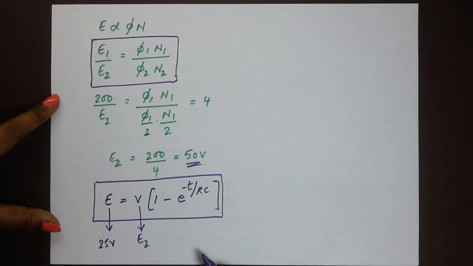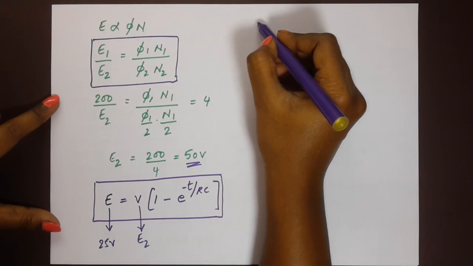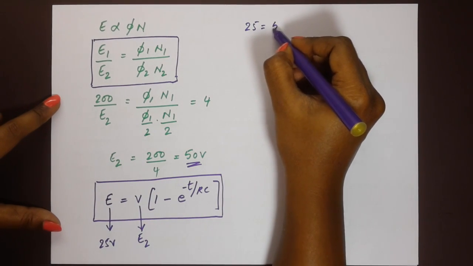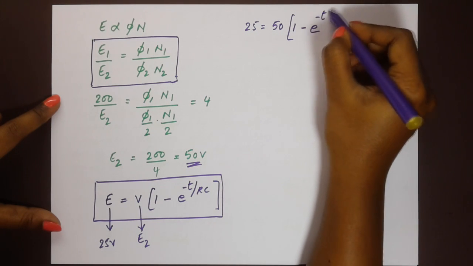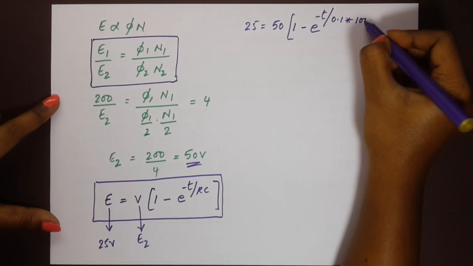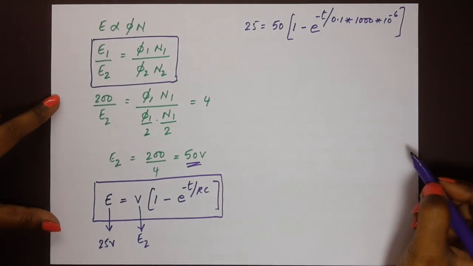Now let's substitute these values along with the values of R and C into this equation. We now have 25 is equal to 50 into 1 minus e power minus t divided by R, which is 0.1, and C is 1000 micro. So this is what we have.